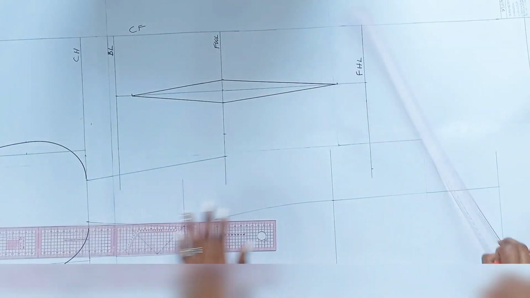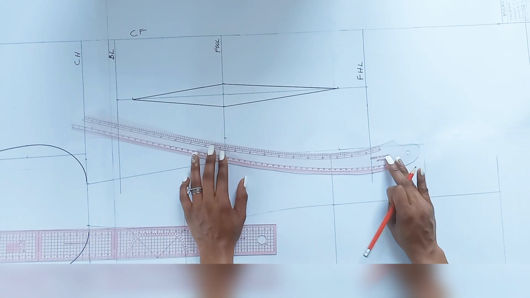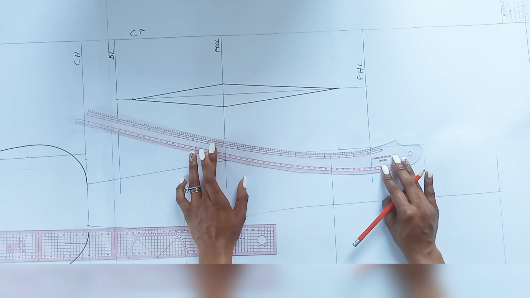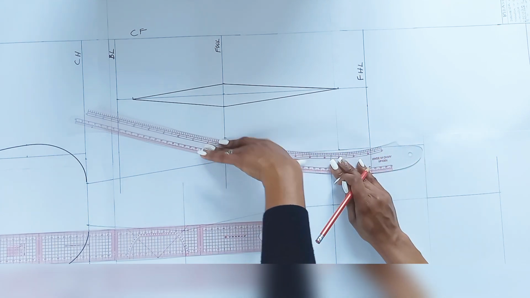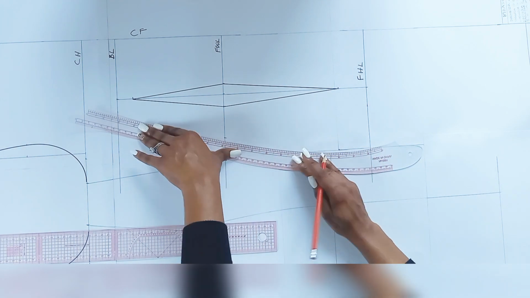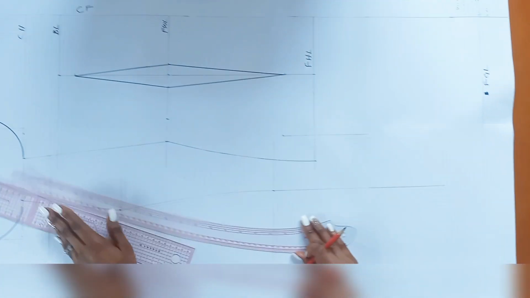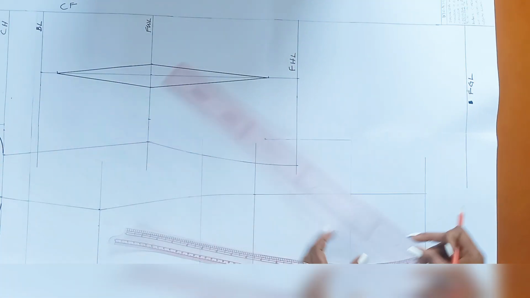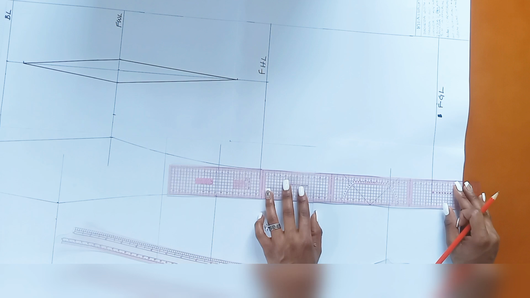And then I'll use my hip curve ruler for this other part. And I'll use my ruler to complete it by drawing a straight line all the way down.